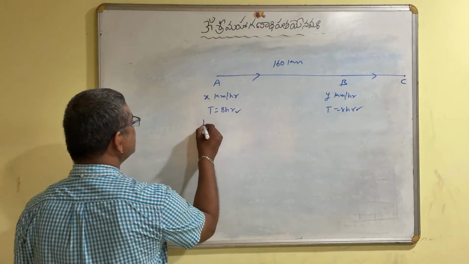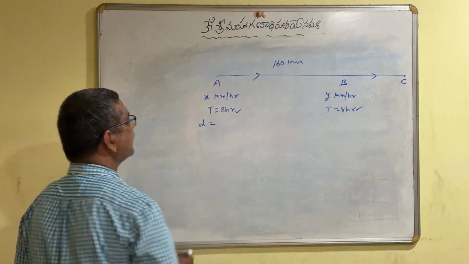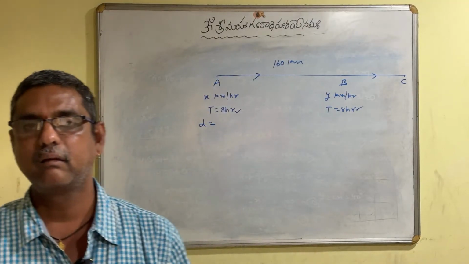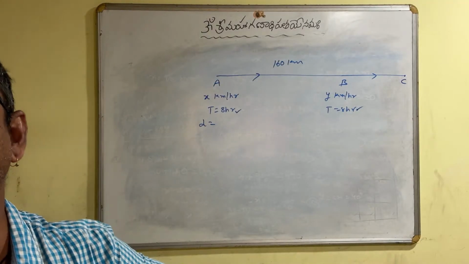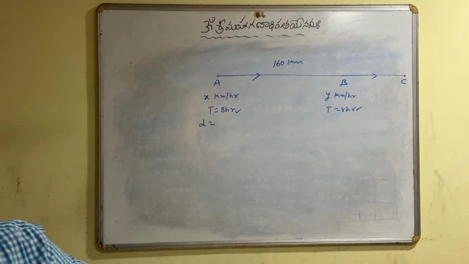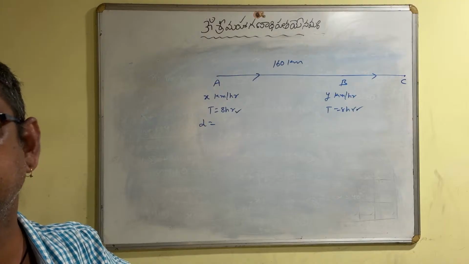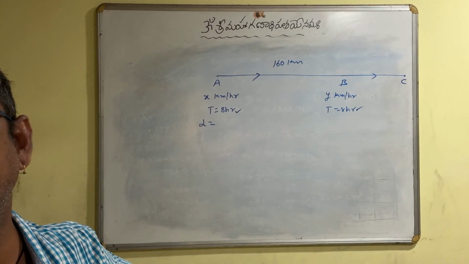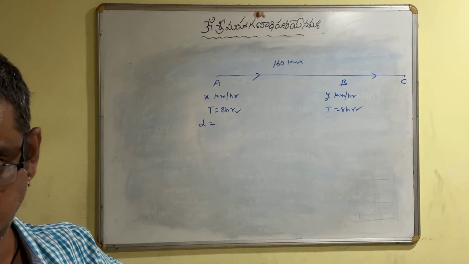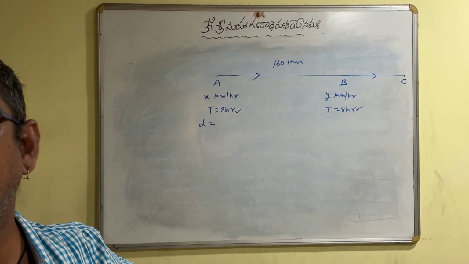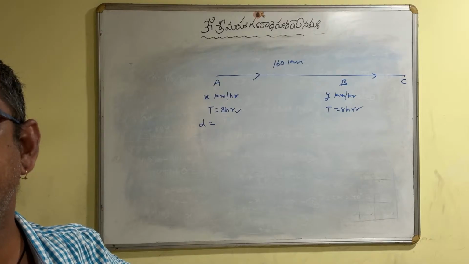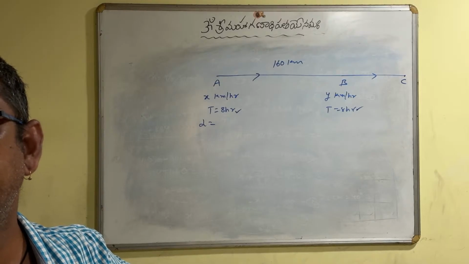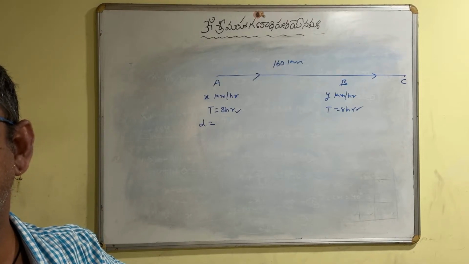What is the distance traveled by the car which starts from A? Can anyone say? Anyone?